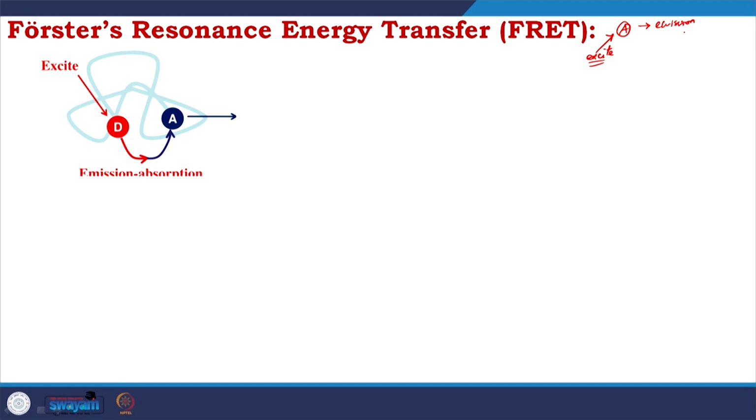Interestingly, if that emission wavelength falls in the range of the excitation wavelength of a molecule B, instead of getting the emission of A and B, you get a very big resonating emission peak, and this relation is known as FRET, or Förster resonance energy transfer.